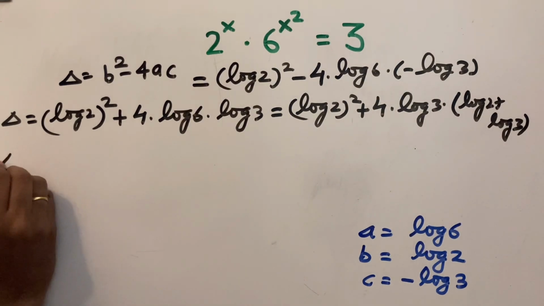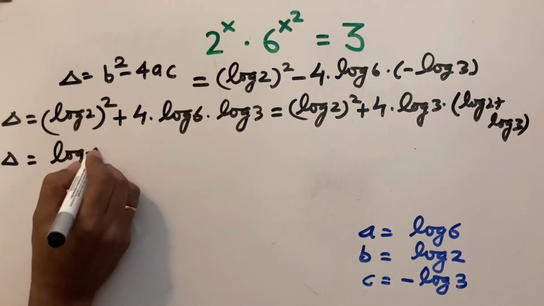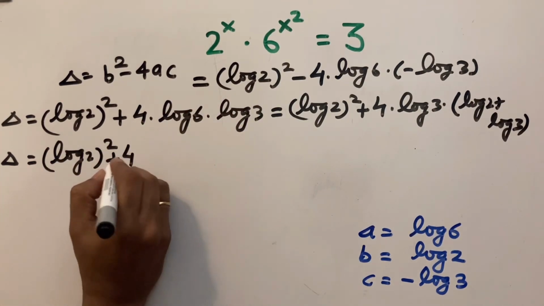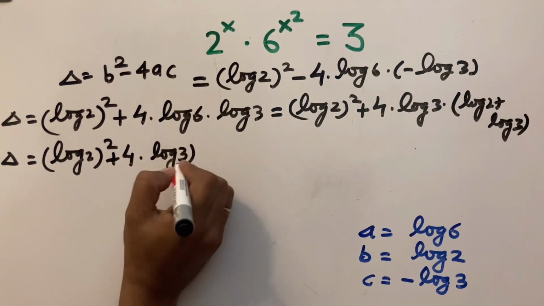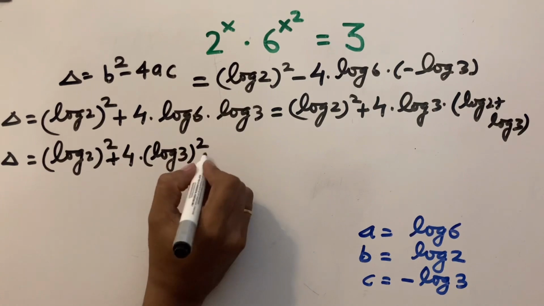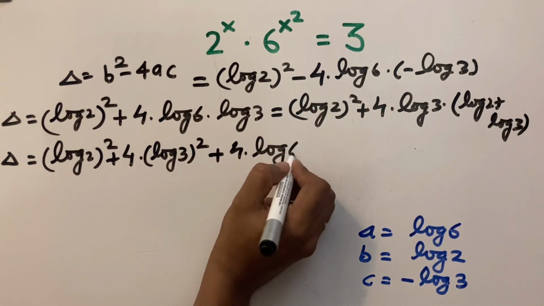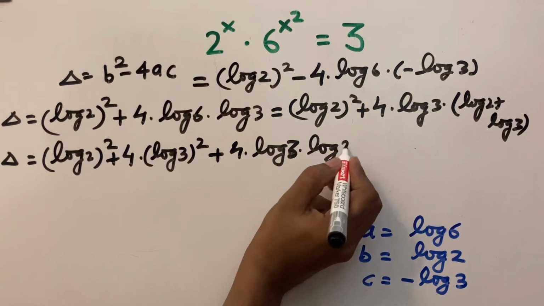So this simplifies to delta is equal to log 2 square plus 4 multiplied by log 3 square plus 4 of log 3 multiplied by log 2.